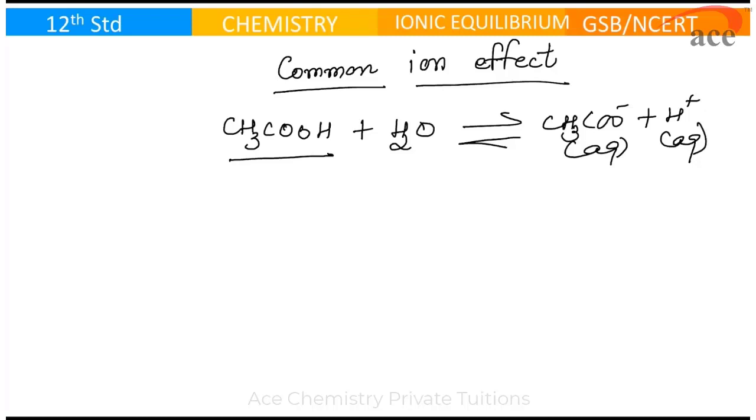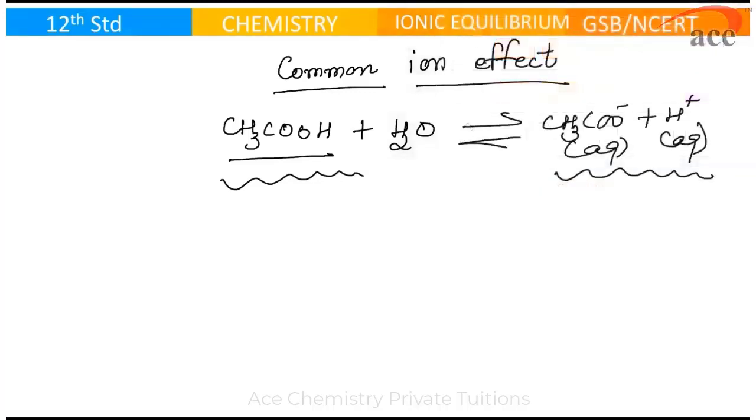Now, according to Le Chatelier's principle, if you want reaction to go in backward direction, increase concentration of product. But if you want reaction to move in forward direction, then we increase concentration of reactant. Correct? Basically, when we increase reactant, equilibrium shifts in forward direction, and if we increase product, then equilibrium will shift in backward direction.